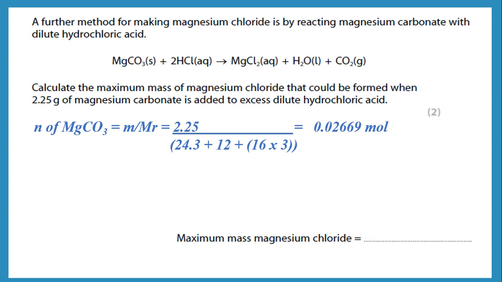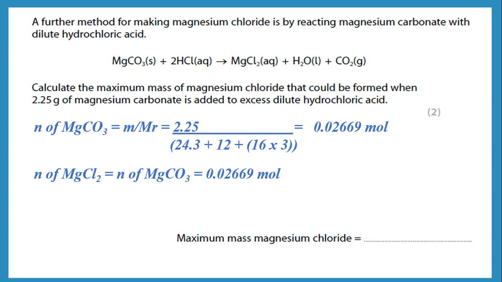Then I look at the equation. What is the mole ratio between that and the magnesium chloride? Obviously, from the equation, 1 mole of magnesium carbonate will give 1 mole of magnesium chloride, and that means the number of moles of magnesium chloride is the same as the number of moles that we calculated for the magnesium carbonate.